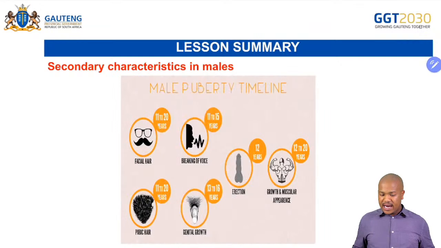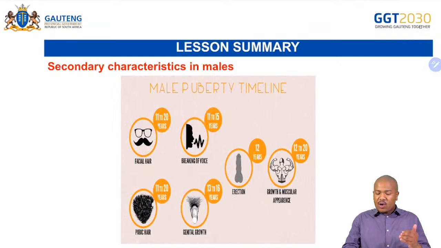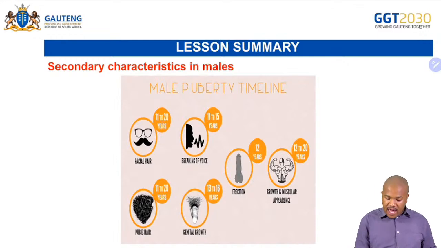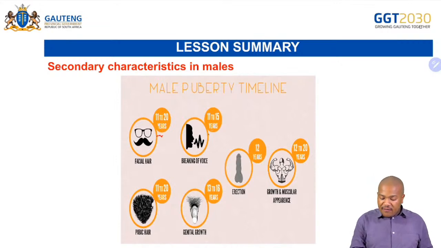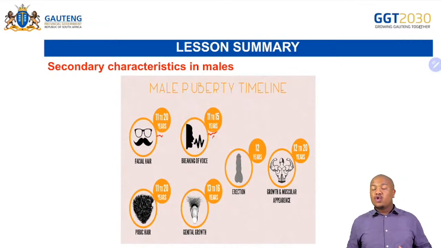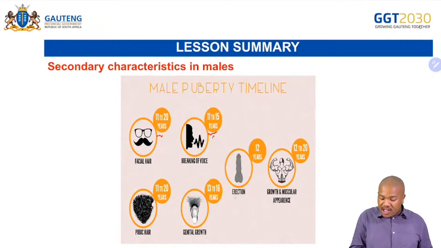Then in males, these are the secondary sexual characteristics that develop during puberty. From the ages of 11 to 20, you have the development of facial hair. From 11 to 15 years of age, you start to hear the breaking of your voice, the voice becoming deep. Around the age of 12, you start to have erections.